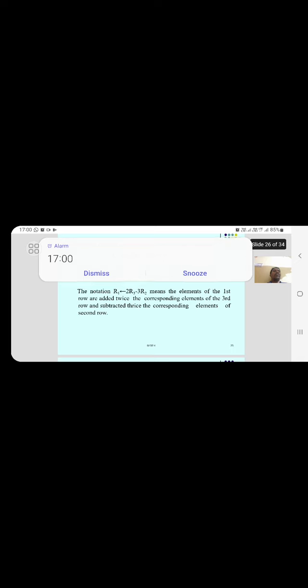The notation R1 gives 2R3 minus 3R2 means the elements of the first row are added twice the corresponding elements of the third row and subtracted thrice the corresponding elements of the second row.